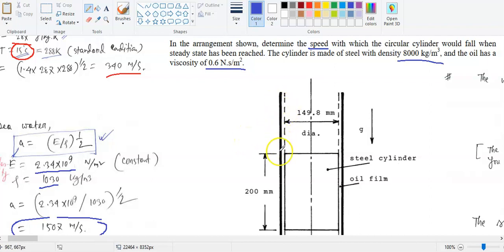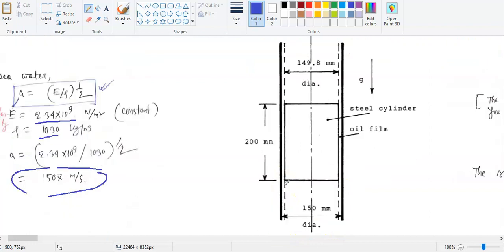This is the frame. You see this solid object, this is actually the falling steel cylinder, and its diameter is given as 149.8. On the other side, the diameter of this frame is 150 millimeter.